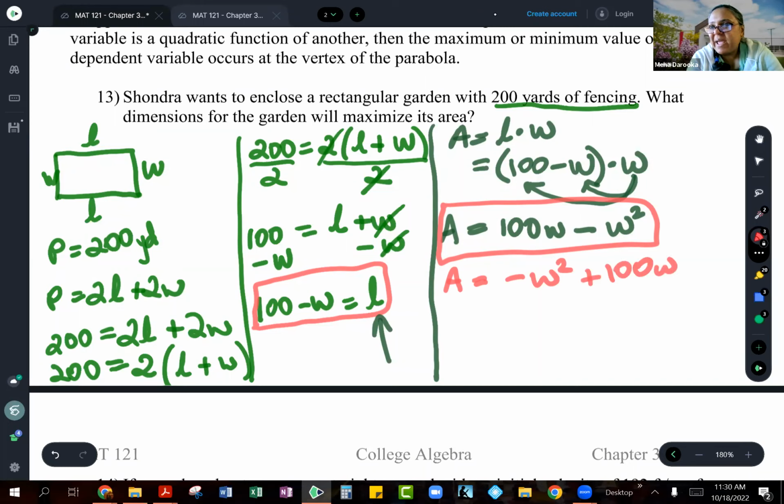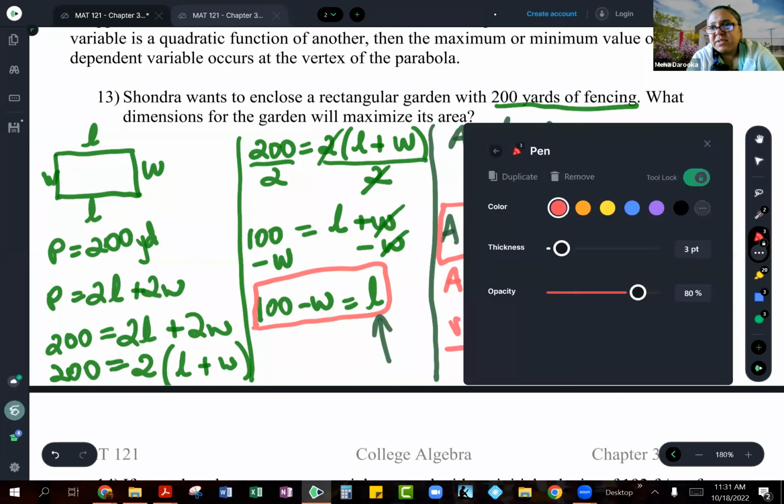So this is your x squared as the first term, then the x term, and then your constant term, so that y equals ax squared plus bx plus c format, except we're using area and the width of the rectangle as our variables. So once you get it down to this stage, now we can talk about finding the vertex of our parabola. So we need to find what that vertex is going to be.